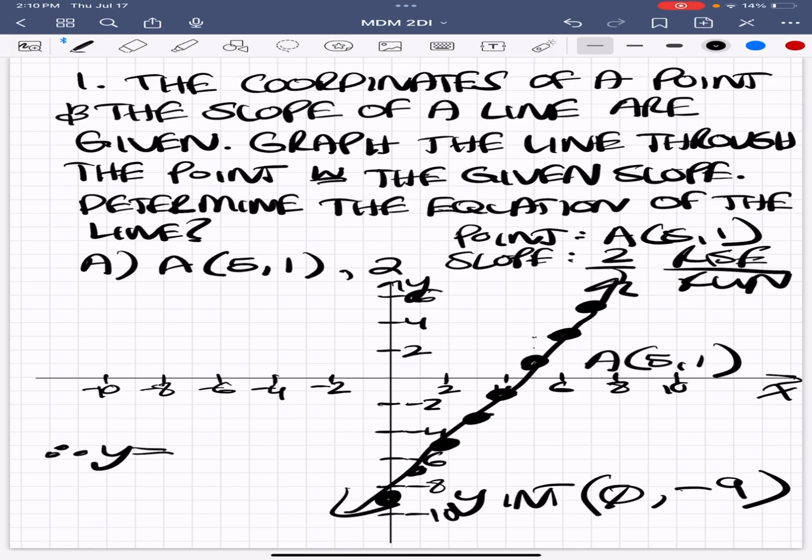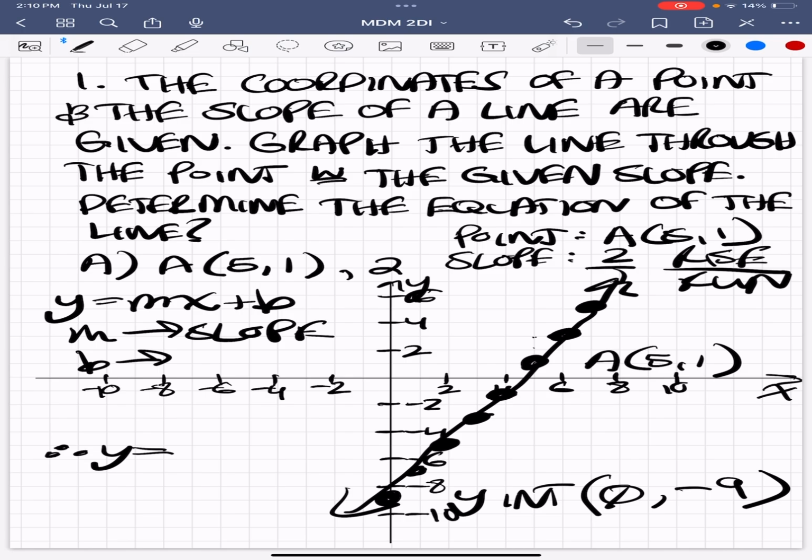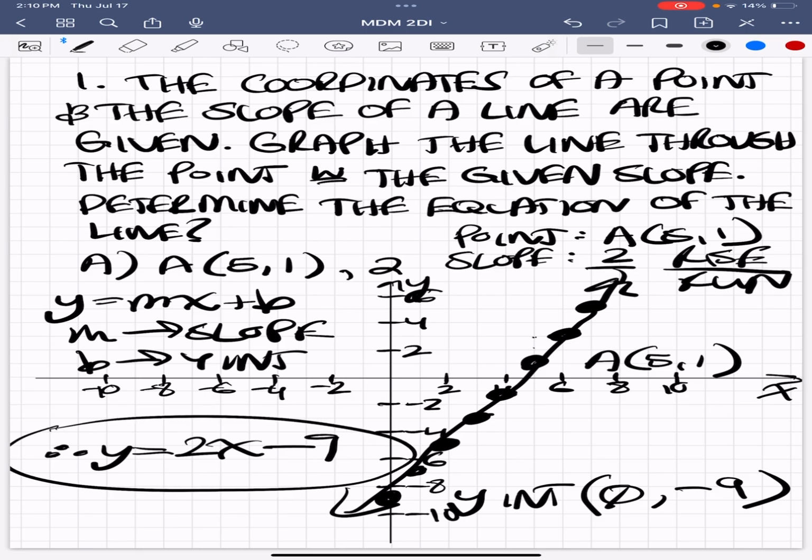So y equals mx plus b. m being slope, b being the y-intercept, and the slope is 2, minus 9. And that is our equation. That is determining the equation of the line. So I'll start this as well. Moving on.